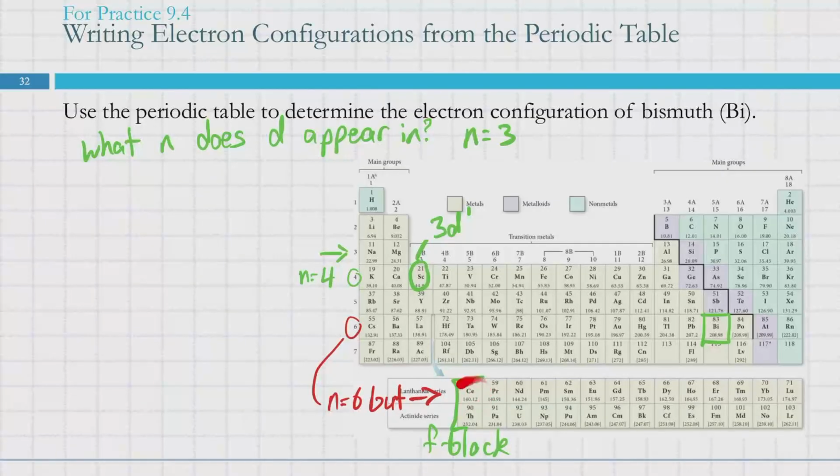But this row that starts with lanthanum, cerium, represents 4f, because n equals 4 is the first place that our f orbitals show up.